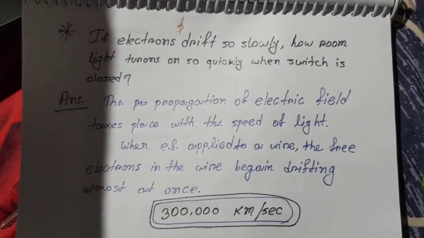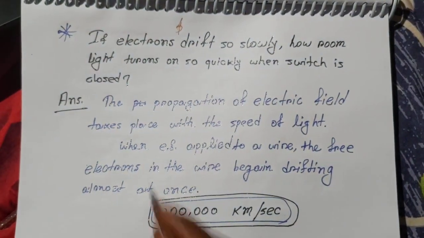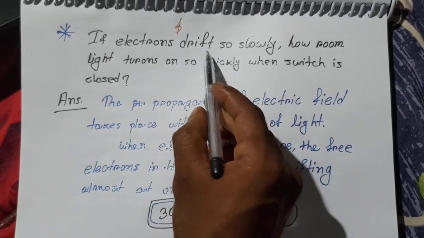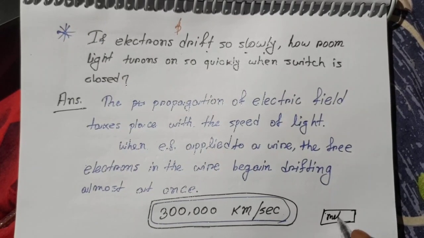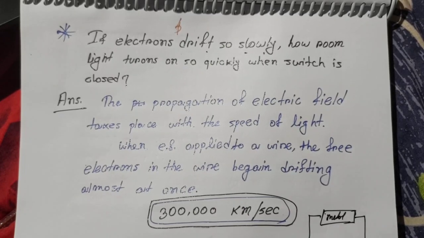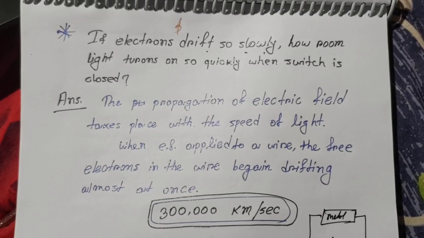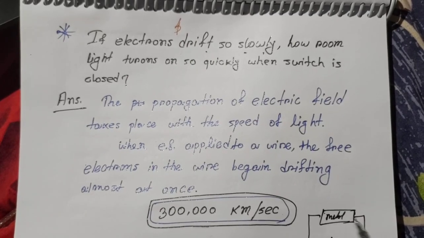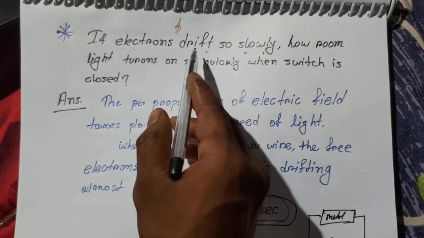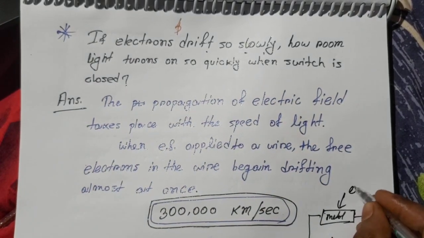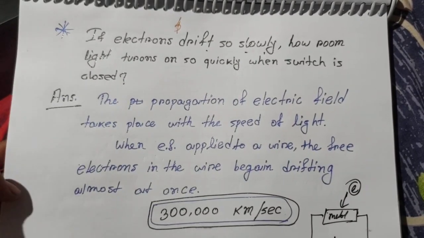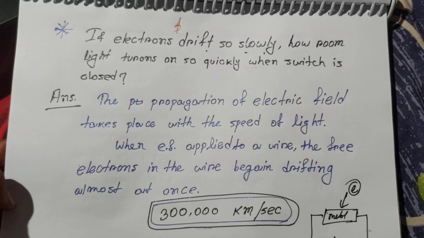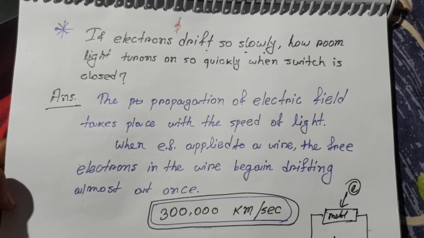Now there is one practical question: if electrons drift so slowly in this metal when voltage is applied, how do the room lights turn on so quickly when a switch is closed?